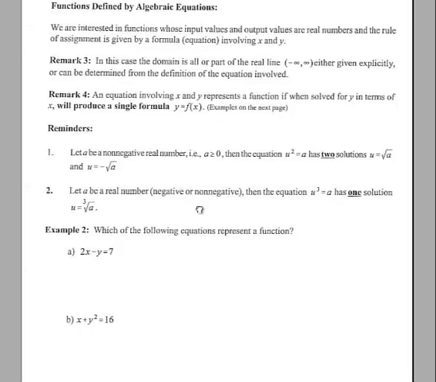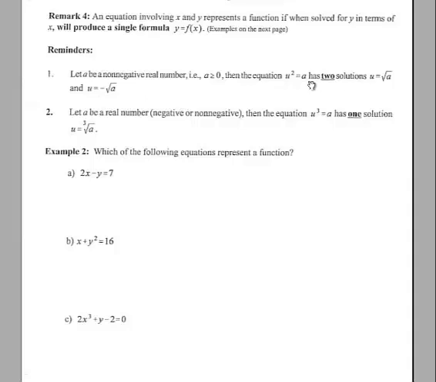So we have these two reminders here. u squared equals a, remember, has two solutions because of the square root property. But if we have an equation u to the third equals a, we only have one solution.